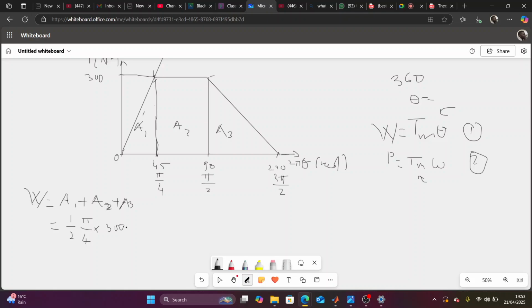You move to area 2. What is area 2? It is a rectangle, right? Yeah, it is base times breadth, length times breadth. What is the base? You do 90 minus 45. What is 90 minus 45, or what is pi over 2 minus pi over 4?